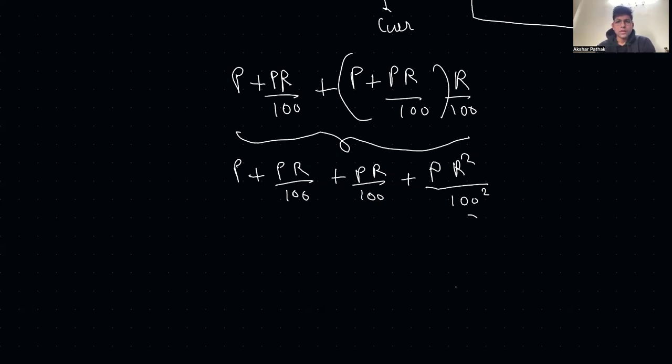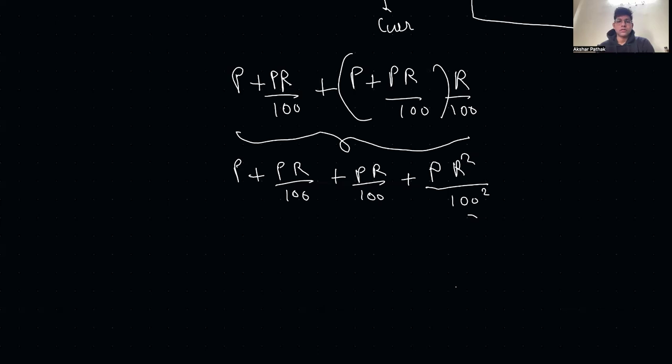So yeah, in the first year we had P plus PR by 100, and in the second year we have P plus PR by 100 plus P plus PR by 100 into R by 100. Okay. So we opened it up and we noticed one thing, that P plus PR by 100 is common in both the equations.